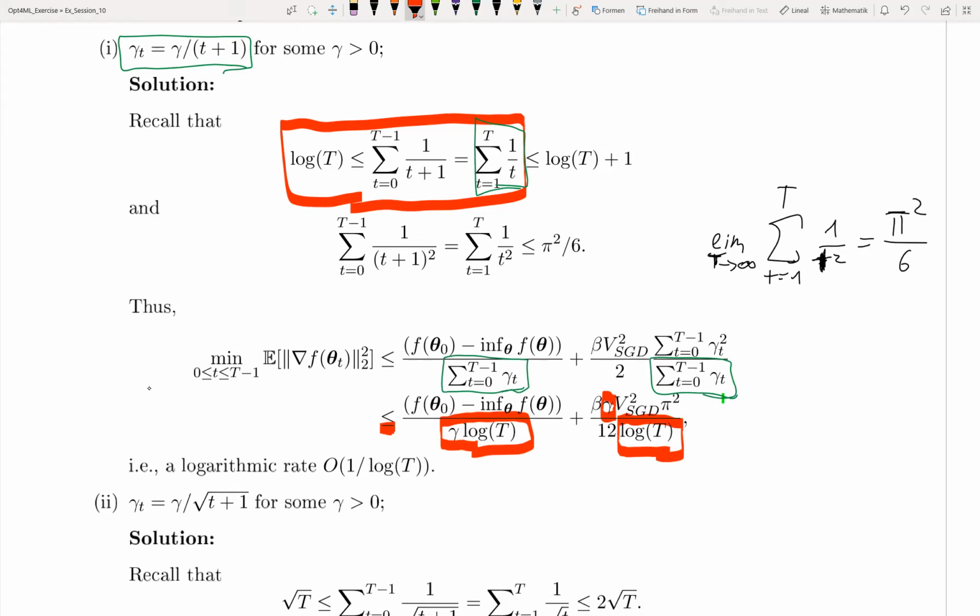And now the other thing is the 1 over t squared series, which is essentially here, only with gamma squared, coming from here. And this is bounded by pi squared divided by 6, and here the 6 is already multiplied with the 2, giving us the 12.